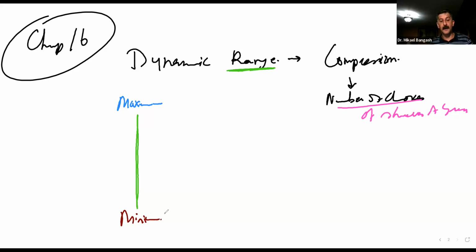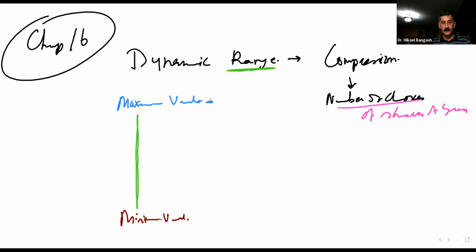We can say maximum value and minimum value. Is that clear?